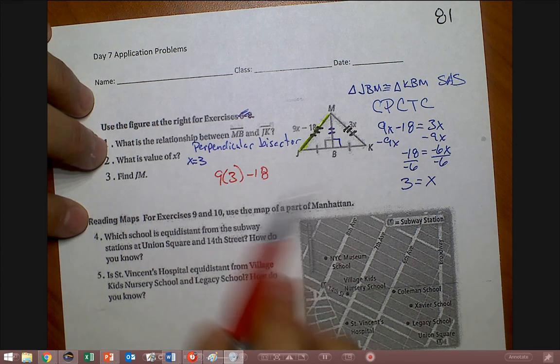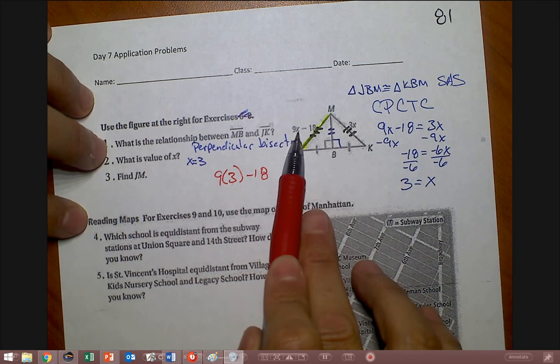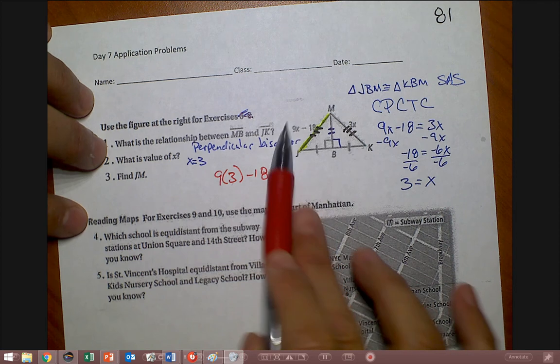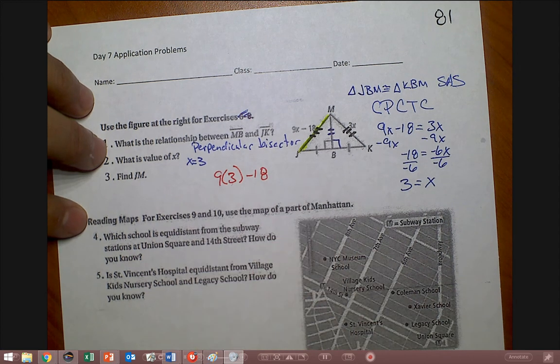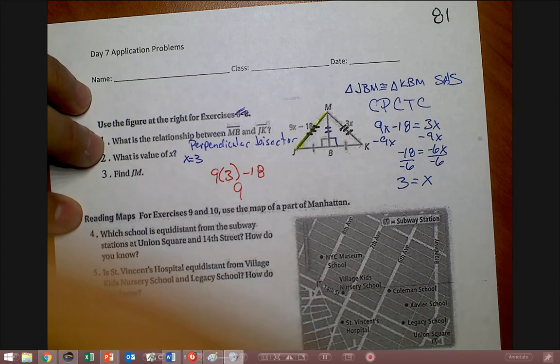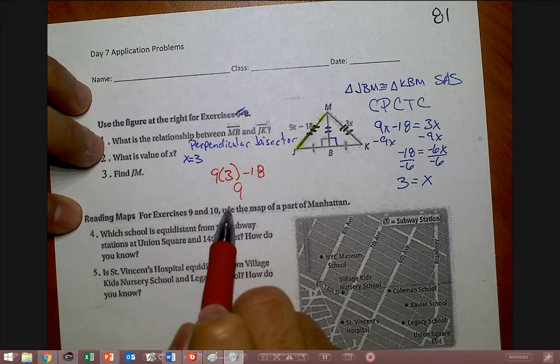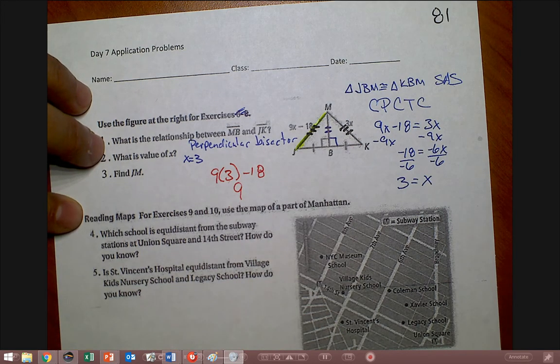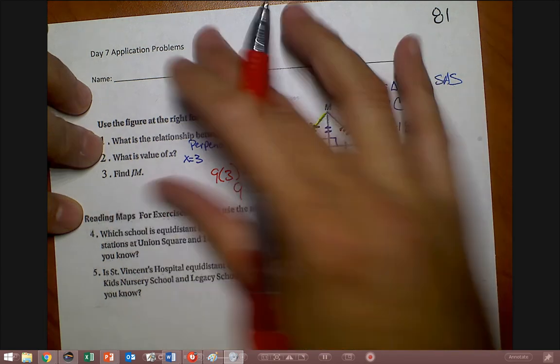We're plugging 3 into the x value I have right here. When I do that, it's 27 minus 18, which is 9. Okay, so that's that.